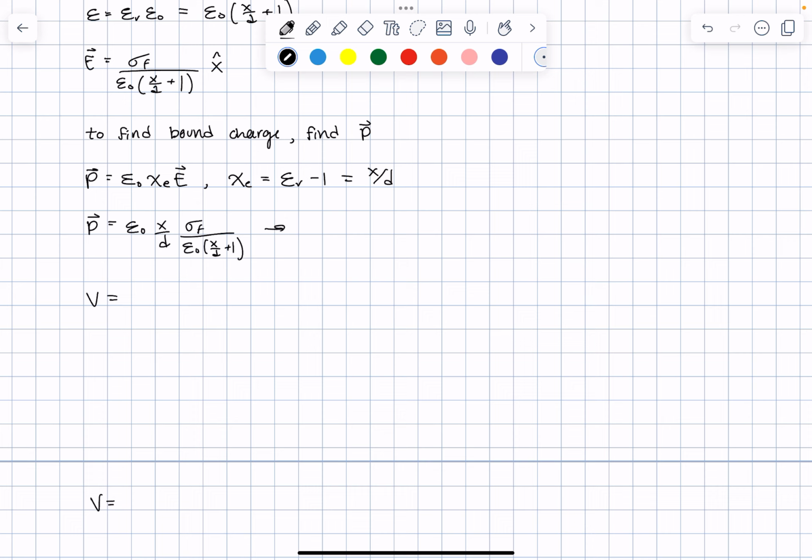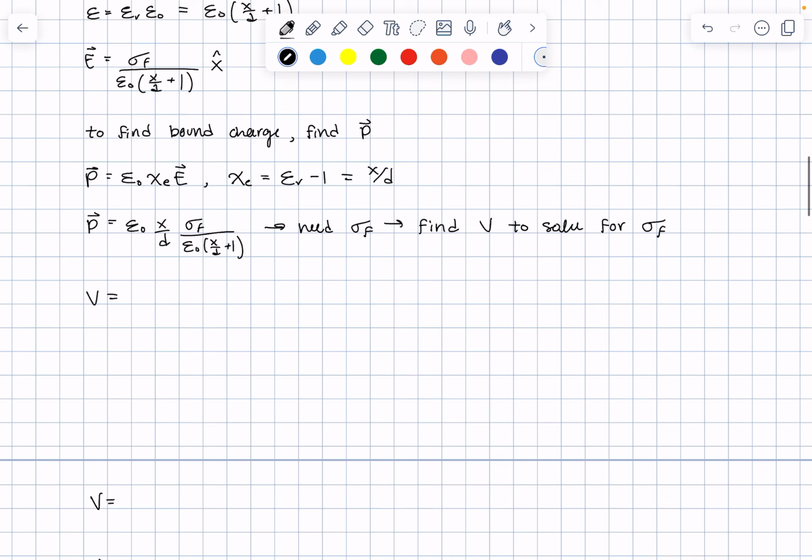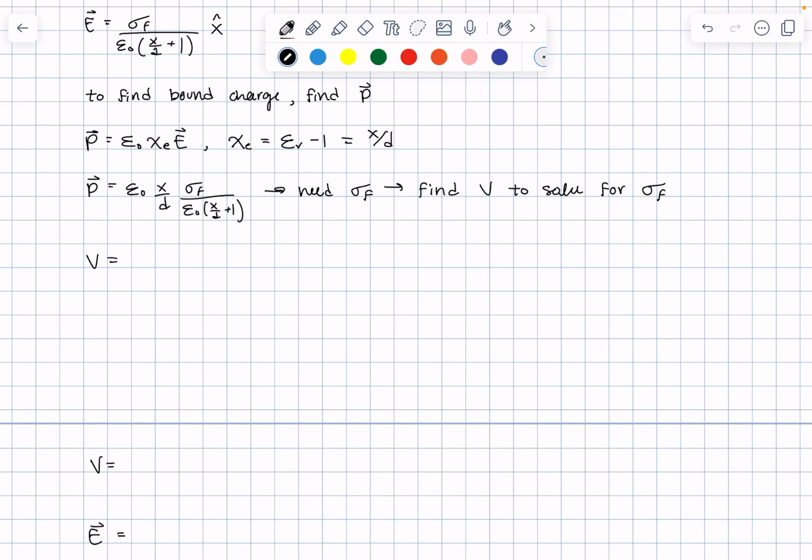But that means we need our free surface charge density. And to do this, we can find our V and then use that, because we have it given, to solve for our free surface charge density. So our potential is going to be equal to negative integral from d to 0 of E, our electric field, dotted with dl.